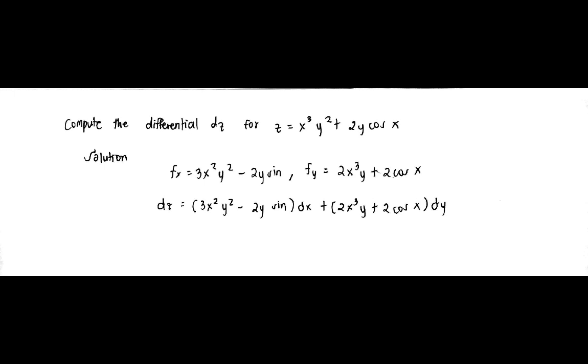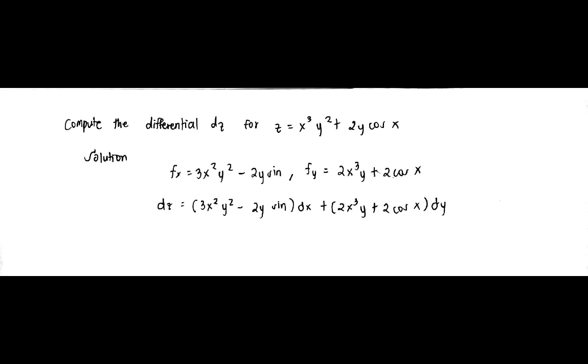Because it is multiplication, we cannot treat the y as a constant. In case that it is subtraction or addition, we can treat the y as a constant, but in this case it cannot. So we have 3x^2 y^2 minus 2y sin x with respect to x.